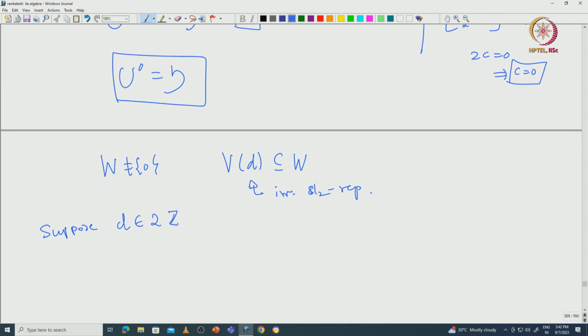Then the 0th eigenspace of this V D, with respect to H alpha, must be non-zero.